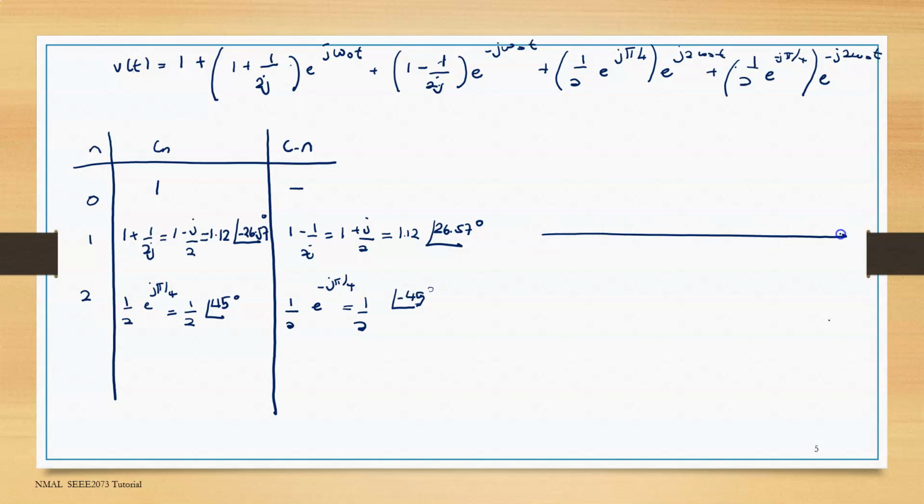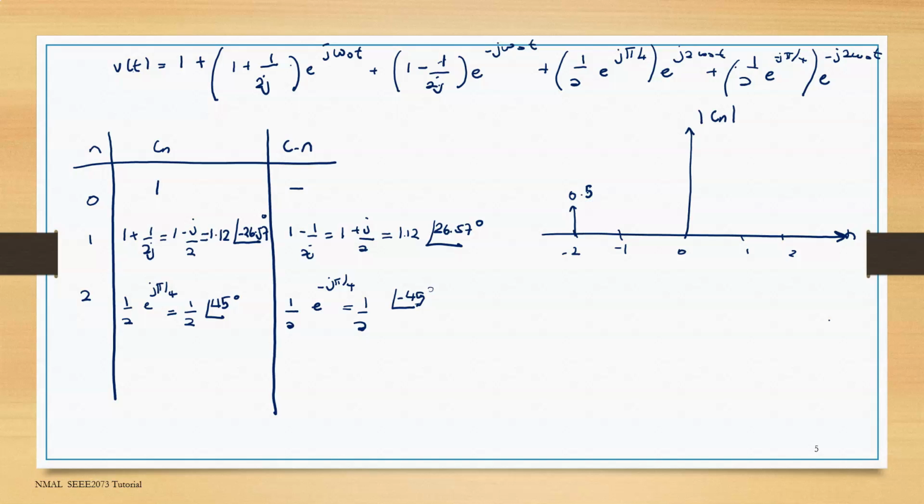For the magnitude, you plot n, because you want to plot the magnitude in terms of the Fourier coefficient. So this is n, from negative 2, negative 1, 0, 1, and 2. For negative 2, the value of the magnitude is 0.5, which is 1 over 2.